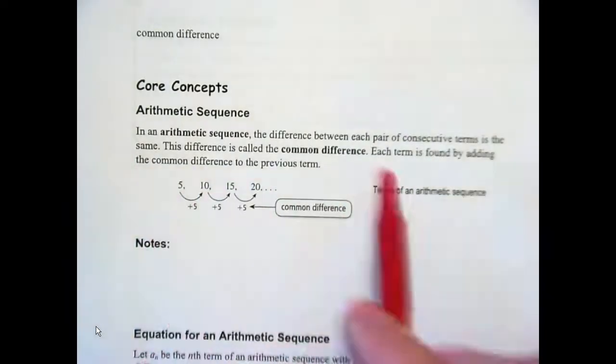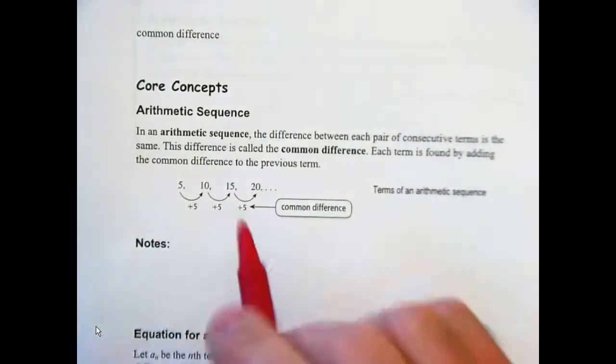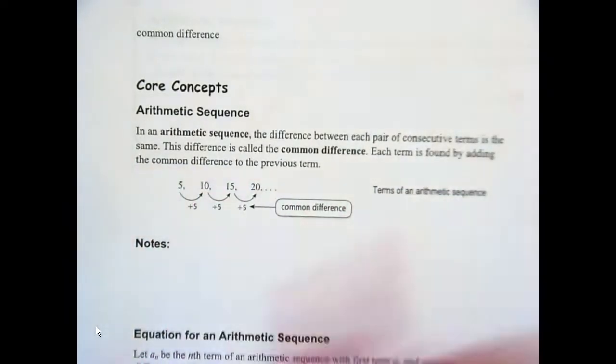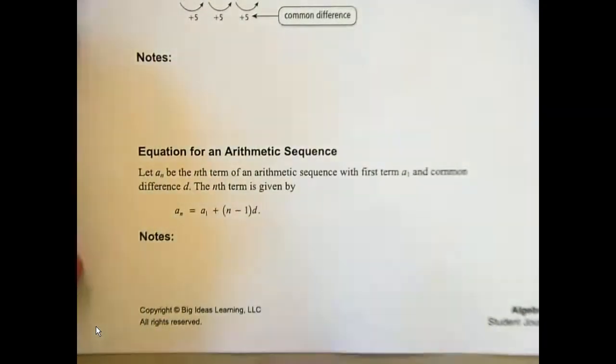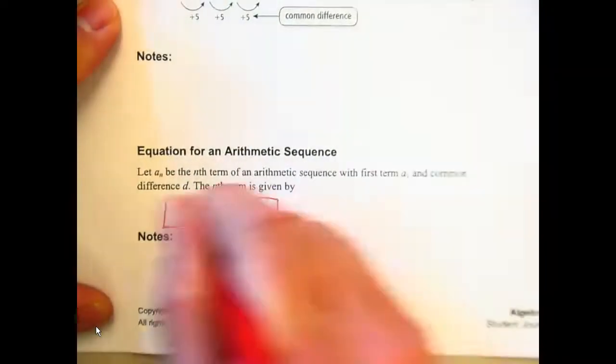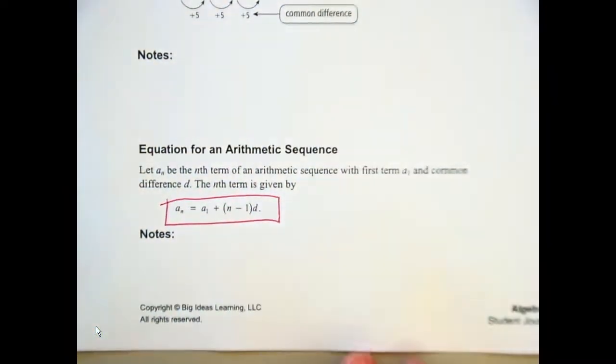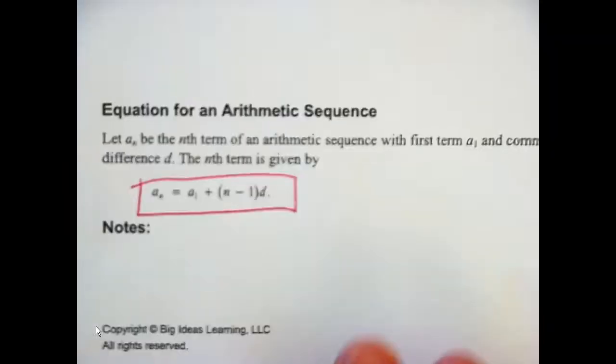Core concepts: arithmetic sequence. When you have a common difference, you're just adding the same amount every time. You've been doing that with linear equations when you think of your y value. It's when you get down here that this stuff starts getting really weird. You start seeing some notation you haven't seen before. And there are a lot of letters.